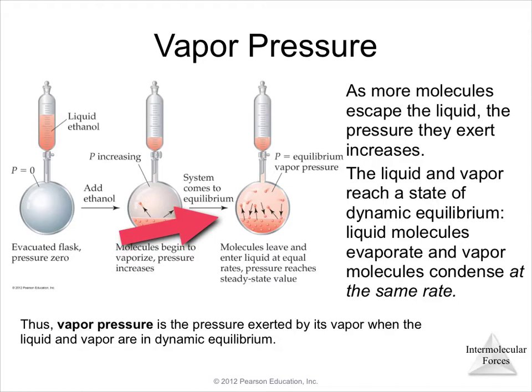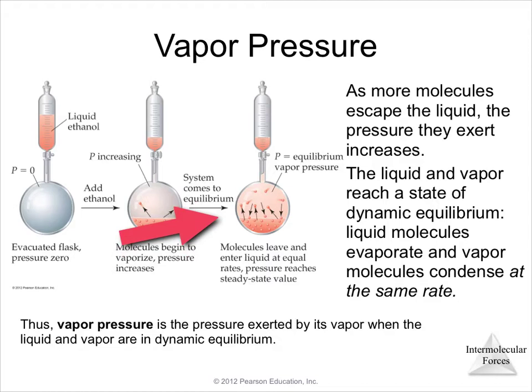The molecules are going to leave and enter the liquid at equal rates, and the pressure is going to reach some steady value where the number of particles moving from the liquid to the gas phase is equal to the number moving from the gas to the liquid phase. At any instant, some of the ethanol molecules at the liquid surface will possess sufficient energy to overcome the attractive forces, so they can escape into the gas phase.